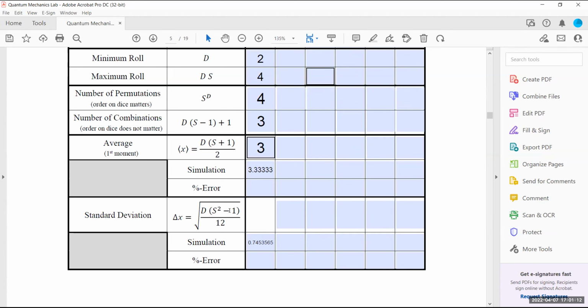So 2 times 3. Wait a minute. Yeah, 2 times 3, which is 6, divided by 12. And so I will have 1 over square root of 2. And 1 over square root of 2 is 0.707. 0.7070. And that number is repeating.